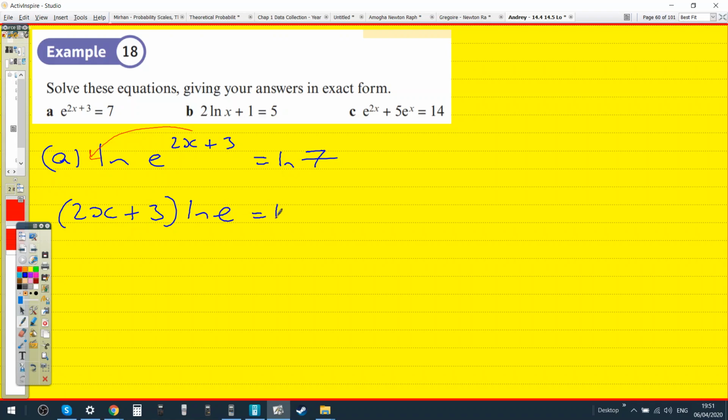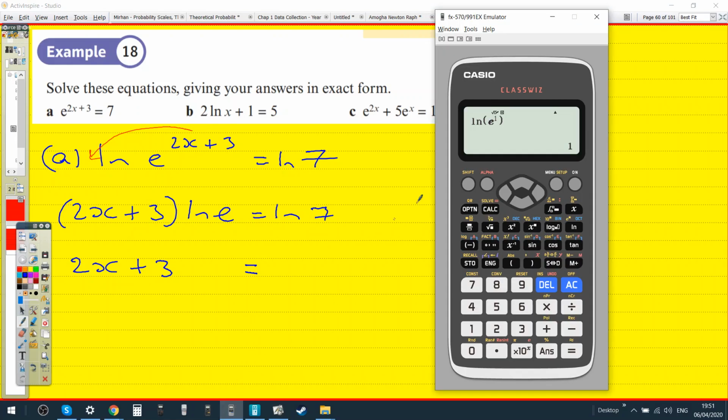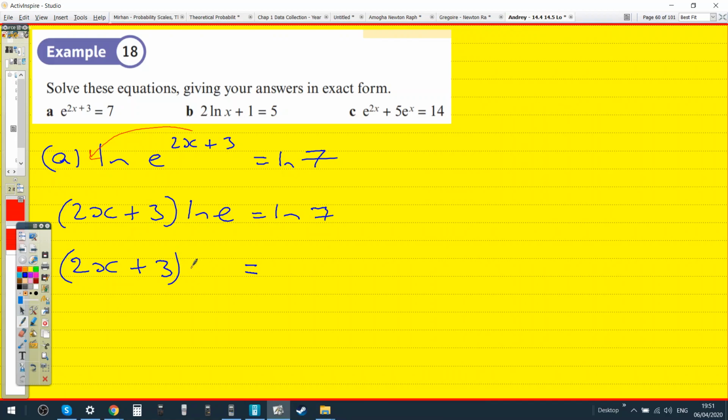And then would you do ln 7 divided by ln of e. What is ln e? I put it in my calculator. 1. Yep. And so it's 2x plus 3 times by 1. So is it just 2x plus 3 is equals to ln 7?